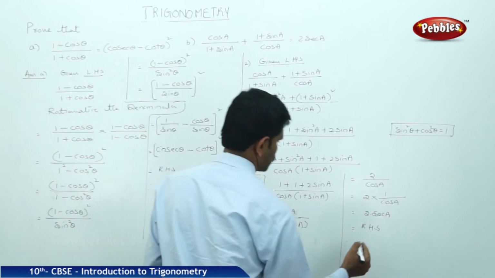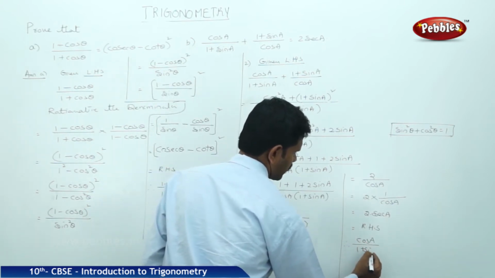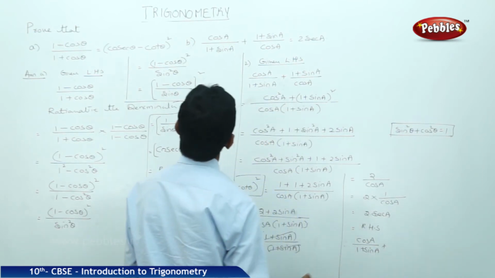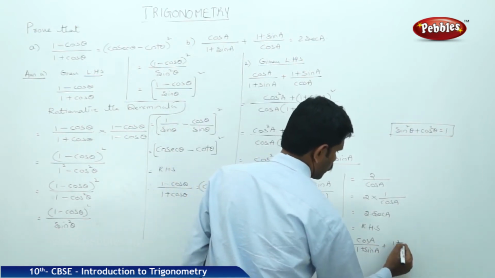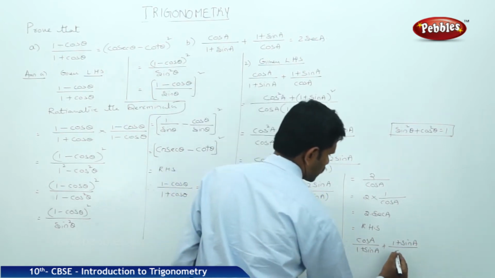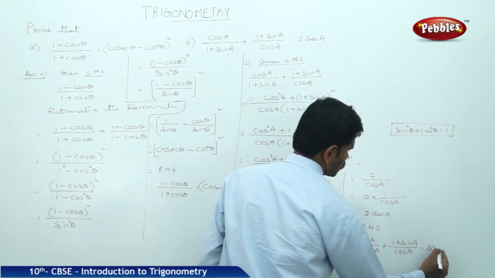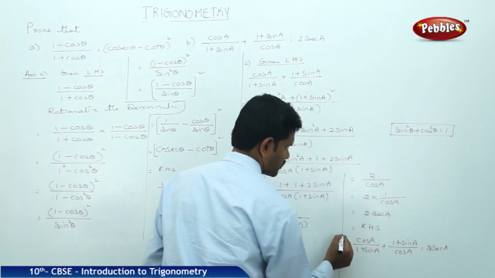Therefore, cos A by 1 plus sin A plus 1 plus sin A by cos A is equal to 2 secant A.